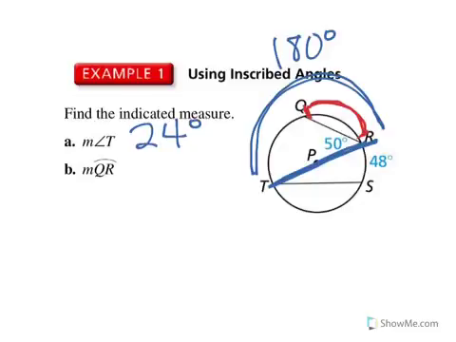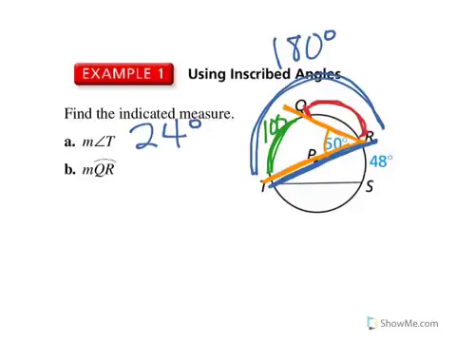Then we go look at the inscribed angle that they gave us. They tell us right here that this angle is 50 degrees. That angle is right there. If the angle is 50 degrees, we know to get to the arc we have to multiply the angle times 2. So our arc over here, that would be QT, would be 50 times 2 is 100.